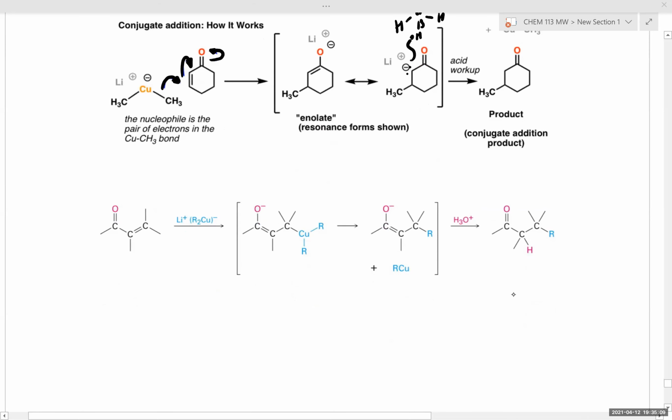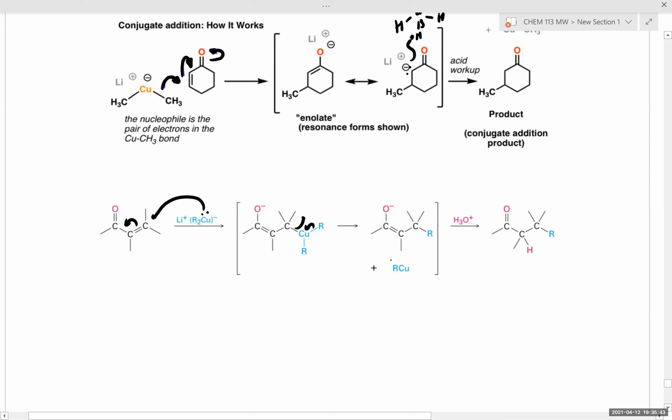So another mechanism proposed for the addition of Gilman reagents entails attack of your Gilman reagent at the beta position. You generate this alkyl cuprate species. And then from here, you have almost a reductive elimination step where we form a carbon-carbon bond and we generate this organocopper byproduct.